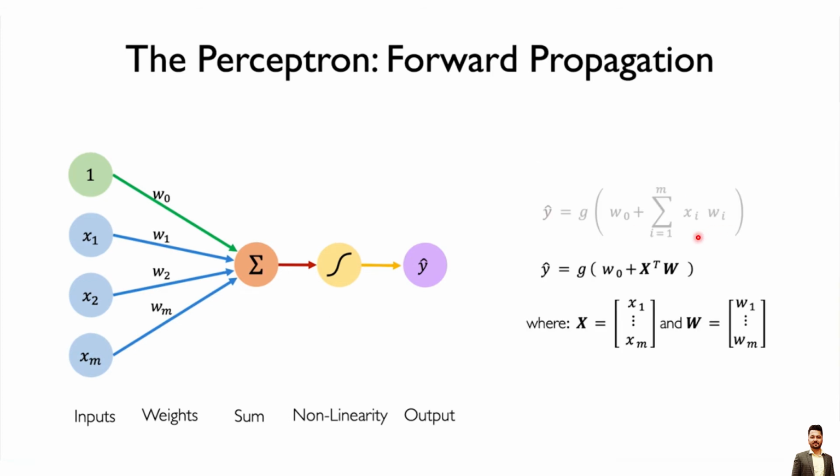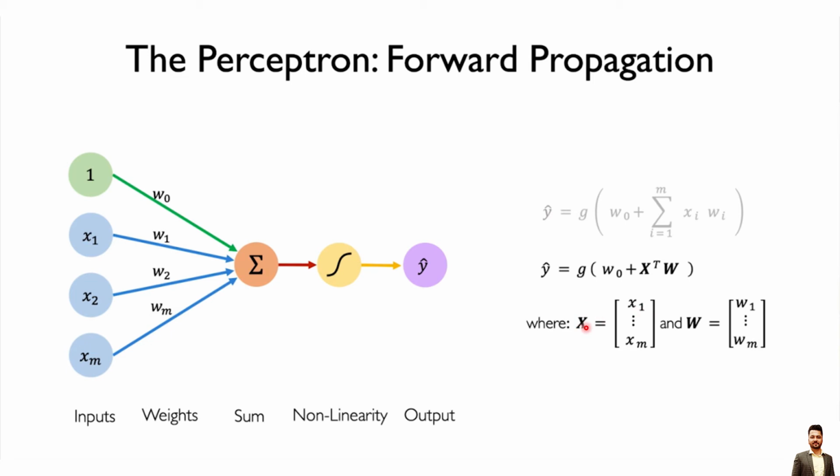You can see that for the summation of xi wi, we would require a for loop if we wanted to program it. But we have an option in Python called vectorization. Using the NumPy library, we can convert this xi into a vector x1 to xm.